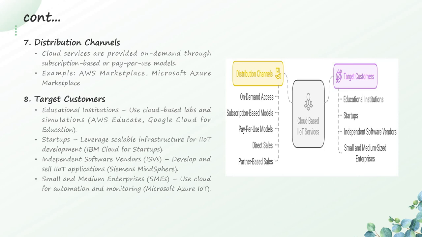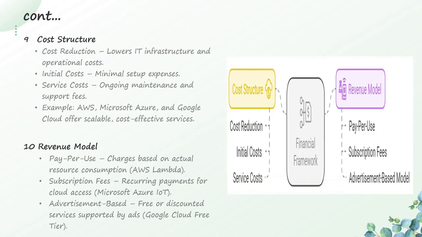And the last target customers are the small and medium sized enterprises, which use the cloud solutions for cost effective industrial automation, predictive maintenance and real time monitoring. Example here is Microsoft Azure IoT for small and medium sized enterprises.